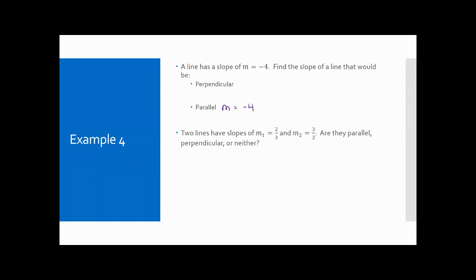This is going to be the same slope. Perpendicular have the opposite sign. So our given slope is negative, so the perpendicular slope is going to be positive, and then you take the reciprocal. The reciprocal of 4 is 1 over 4. So the perpendicular line would have a slope of 1/4 as compared to the other line, which is -4.